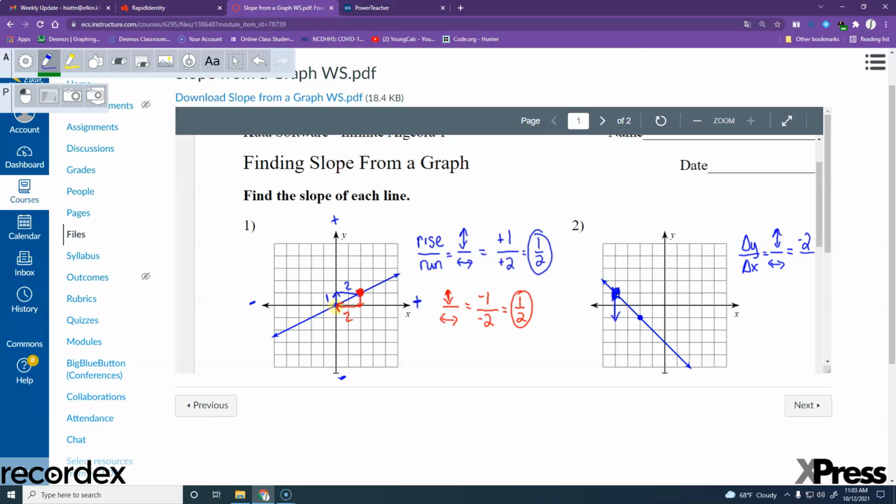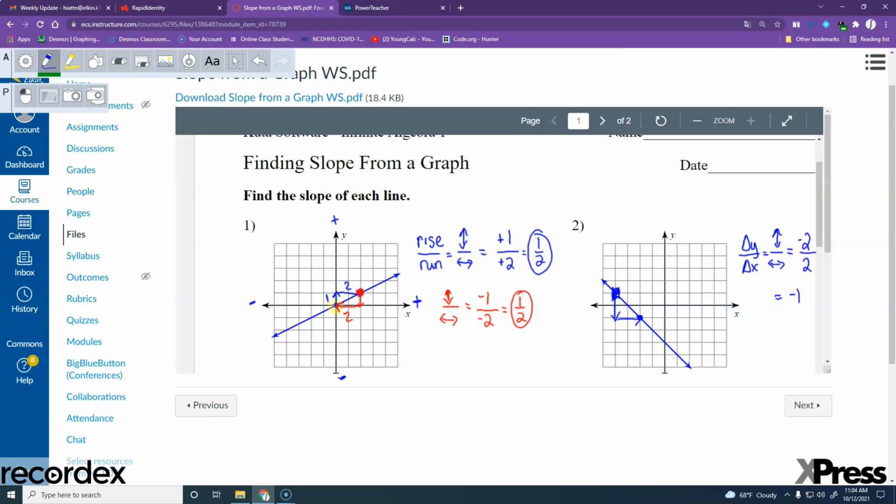Down 2. If I go down 2, what number should I use? Negative 2 since I went down. Then I have to go right 2. Is that going to be positive or negative when I go to the right? It's positive 2. So I've got negative 2 over 2. What is negative 2 over 2, Vince? Not 0.